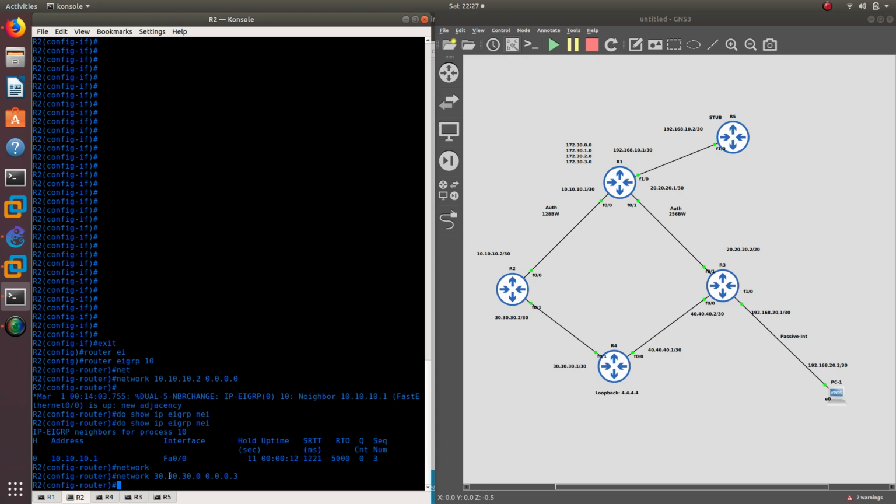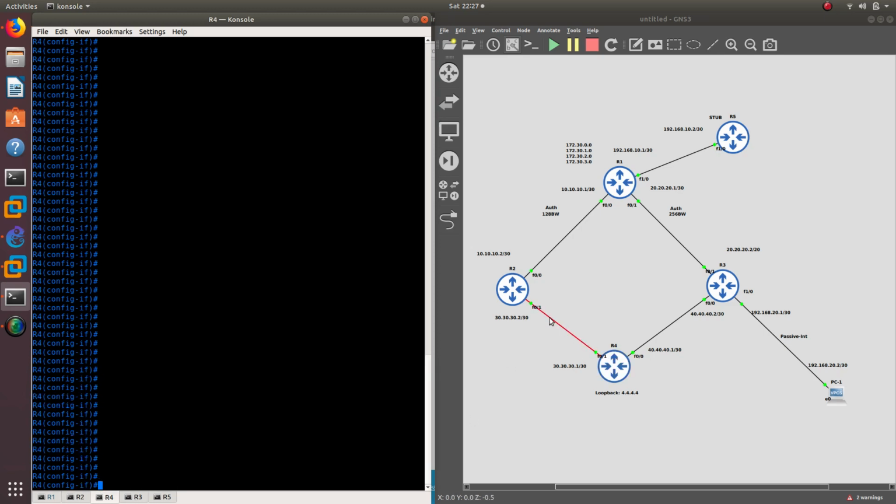Now let's go ahead to router 4 and add the 3 IP addresses that we need to add. The first one being on FastEthernet 0/1, FastEthernet 0/0, and then the loopback address. Let's go ahead and do router eigrp 10 network. I'll just add it this way, just different ways that you can add it.